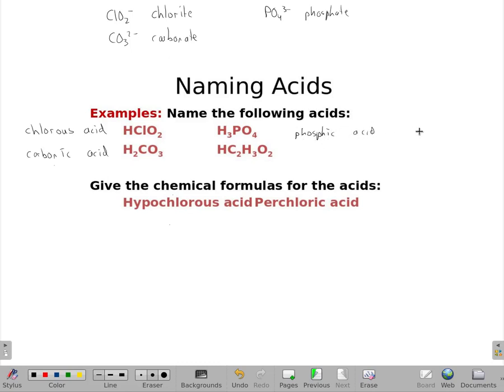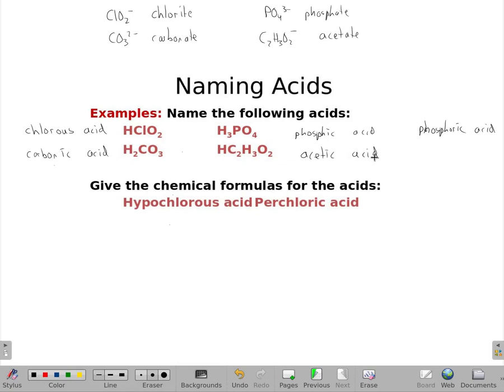You actually also see phosphoric acid, mainly because it sounds a little bit better. And then our last one here, C2H3O2. If we look on that polyatomic ion sheet, you'll see that that is acetate. So that becomes acetic acid, which is vinegar.